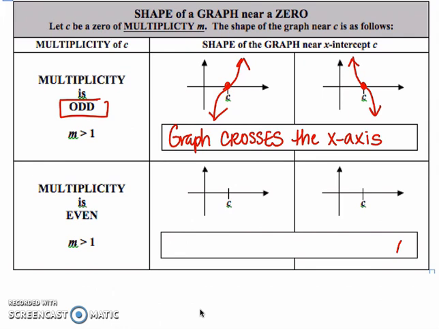Now if our multiplicity is even, then our graph does not cross the x-axis.